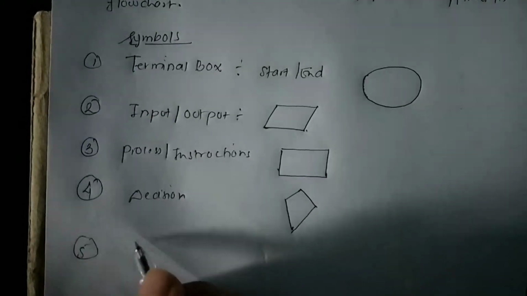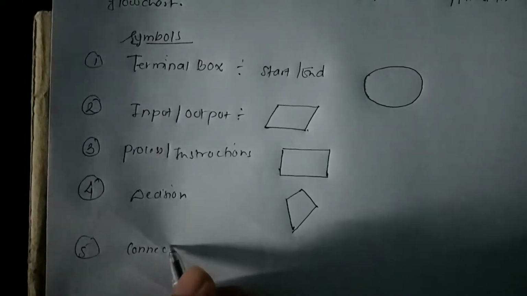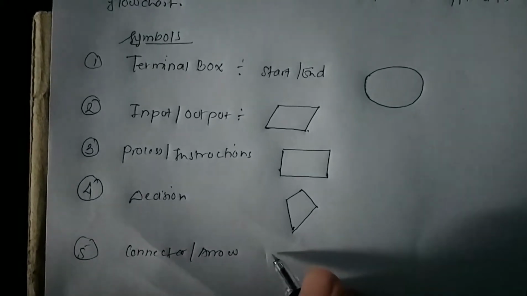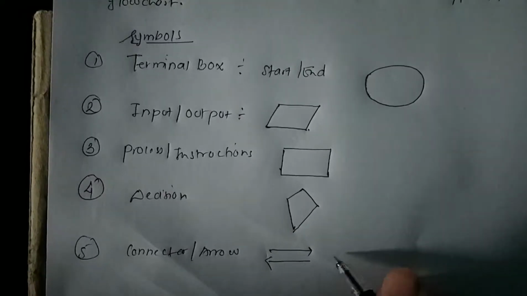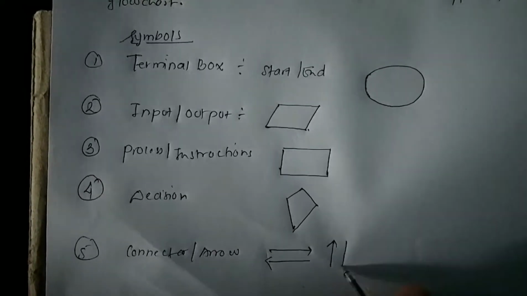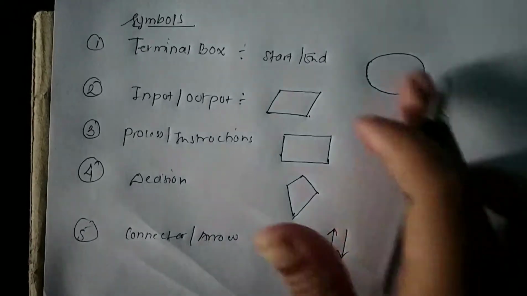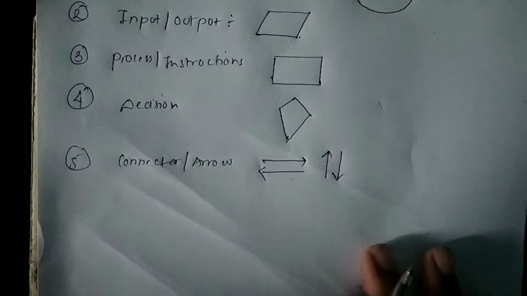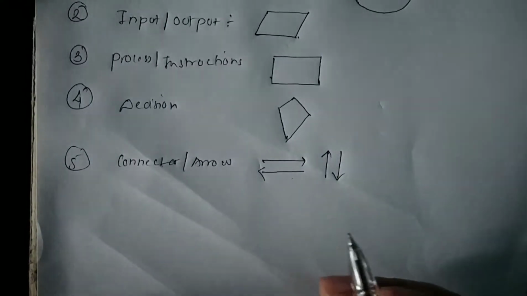In fifth, a connector or arrow is used to connect all the symbols used in the flowchart. We can use these four symbols to connect all the symbols of the flowchart. So these were the symbols of the flowchart.